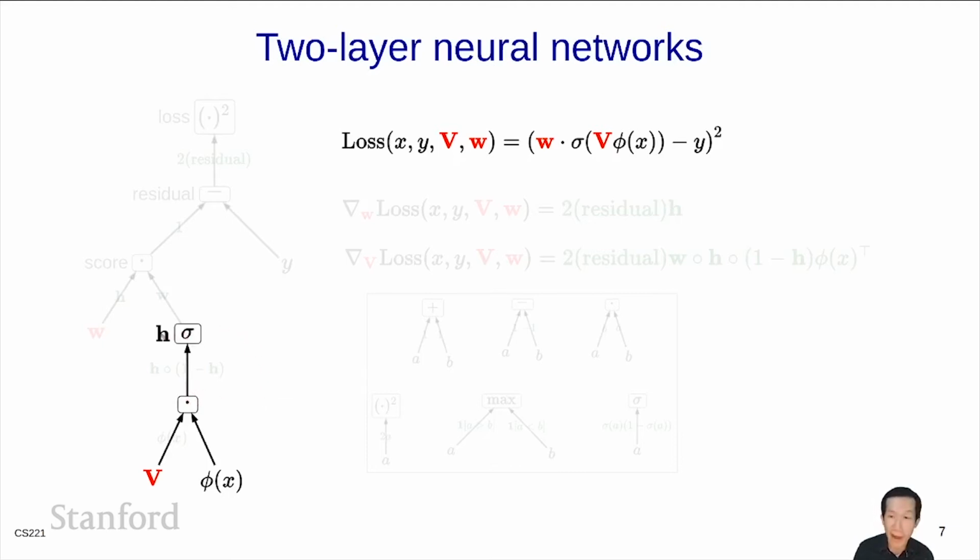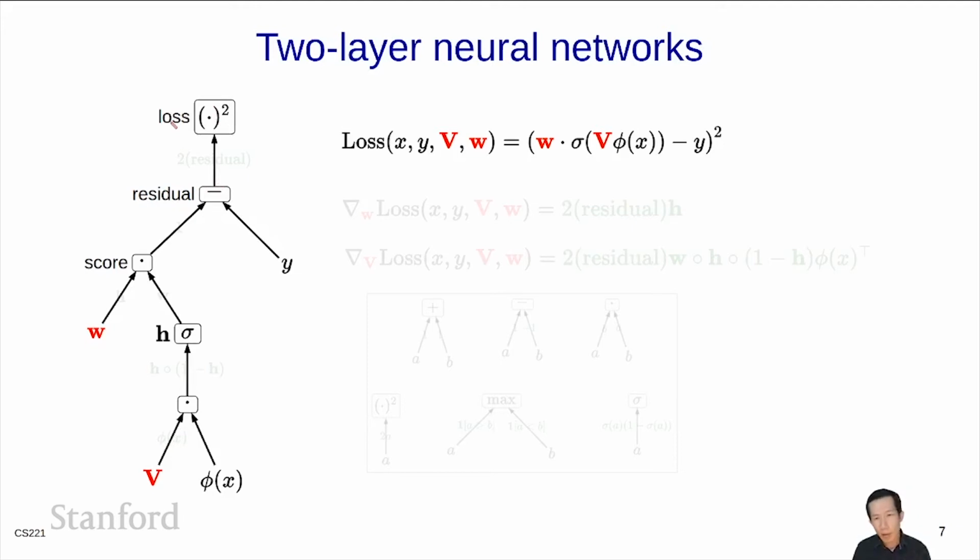We're going to label that H, which is the hidden vector. And now we're going to take the dot product of W and H. That gives you the score. And then score minus y is a residual, and the residual squared is the loss.